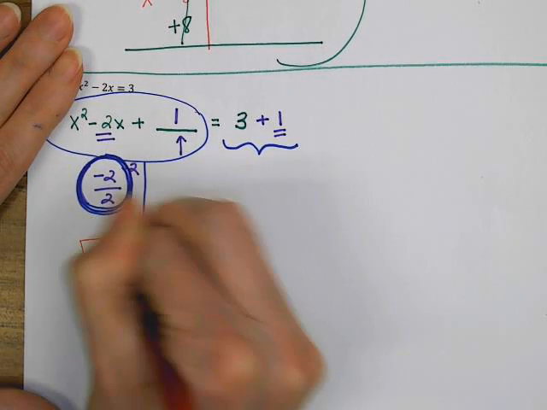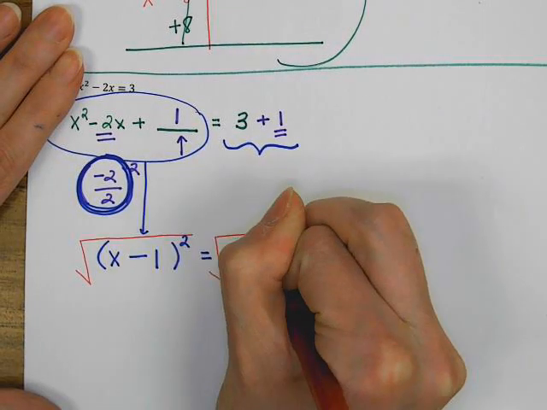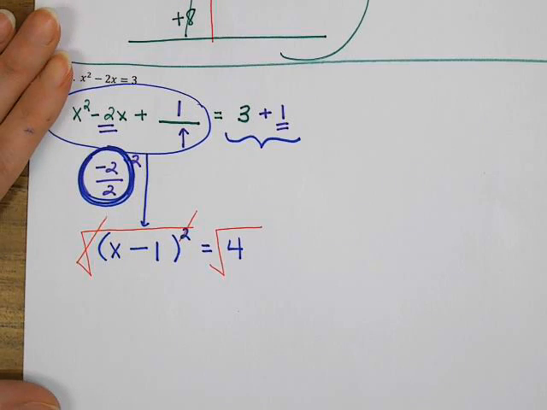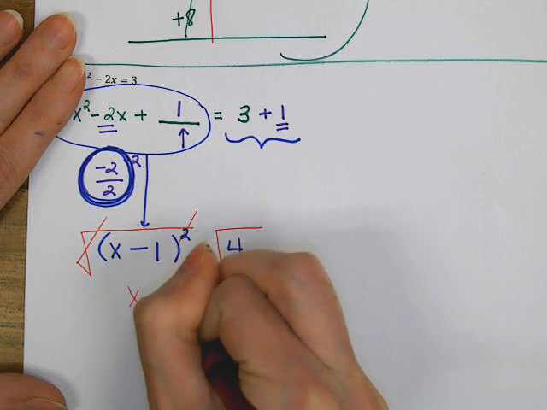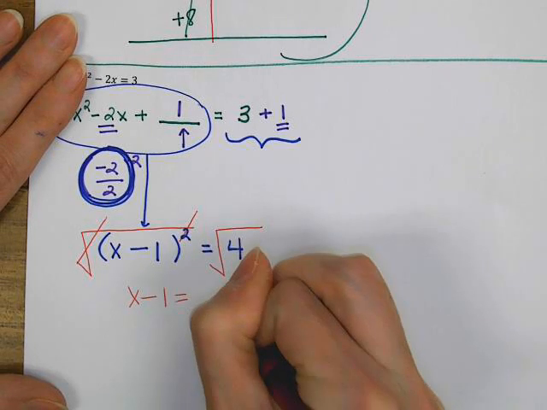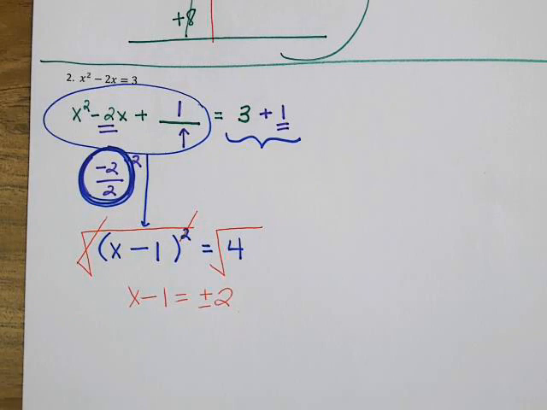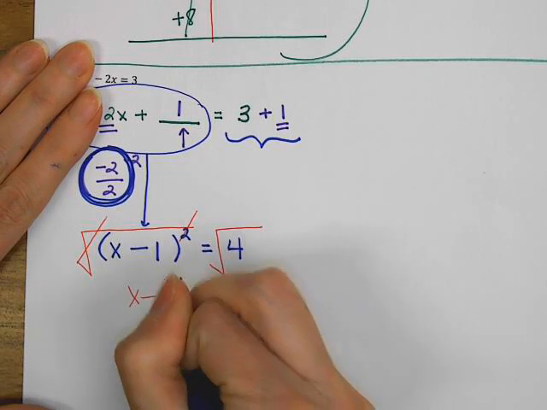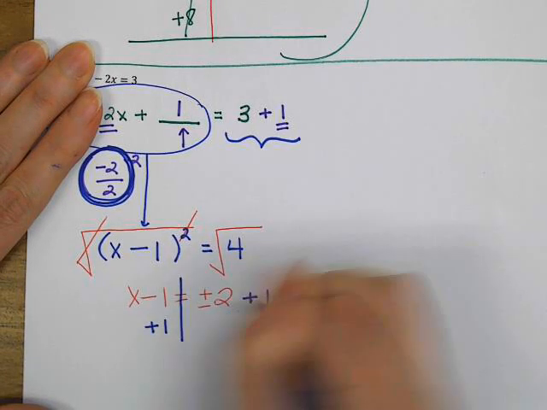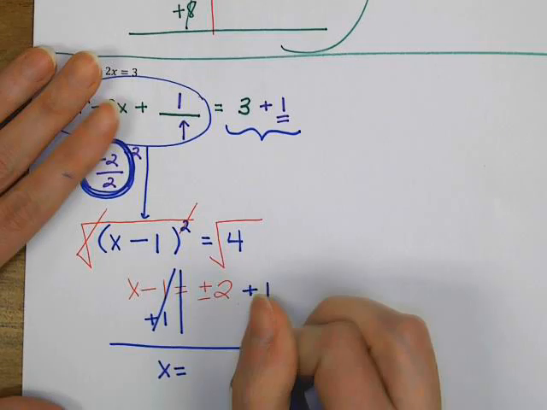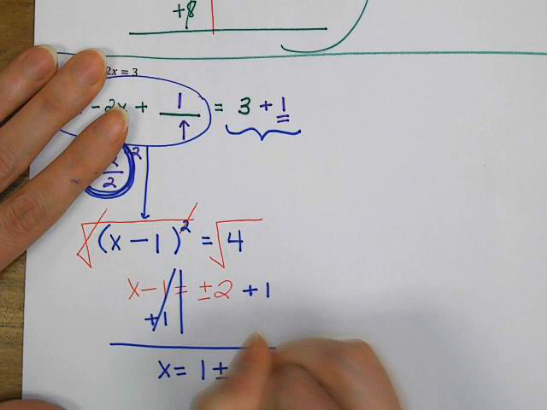We square root both sides, because square rooting will cancel a square. We're left with x minus 1 equals, all right, square root of 4 is 2. Don't forget plus or minus. To officially get x alone, we need to add the 1 to the other side. And we have x equals, all right, we have the 1 plus or minus the 2.